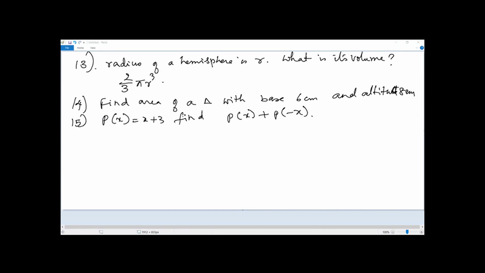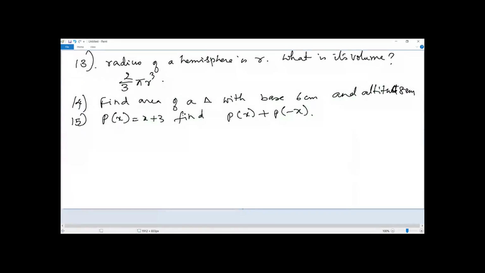Now, Sneha has to answer this question. Sneha? P of x equal to x plus 3. You have to find P of x plus P of minus x. Neha, can you answer? Ma'am, 0. Sneha was not able to answer.